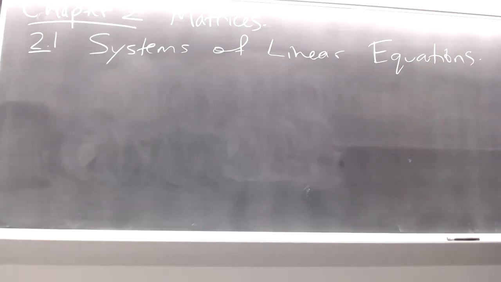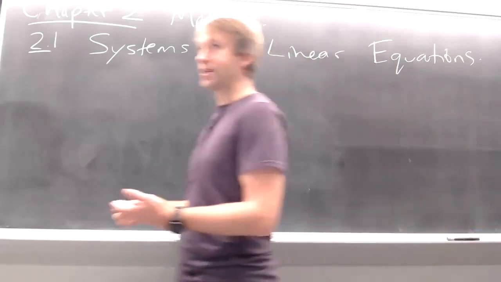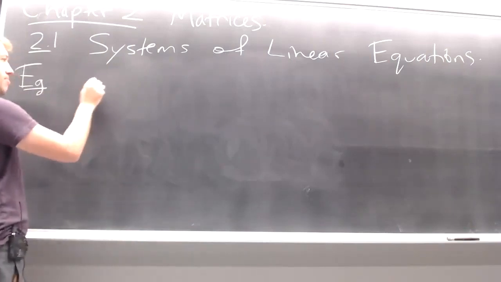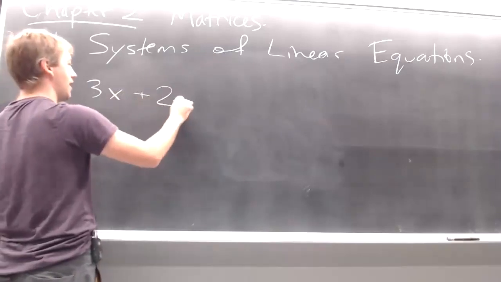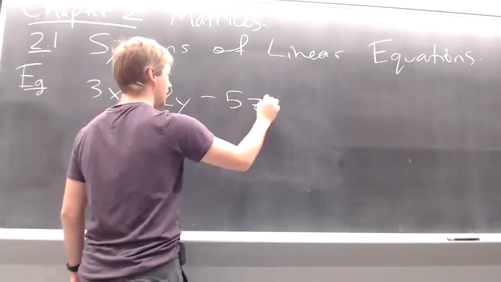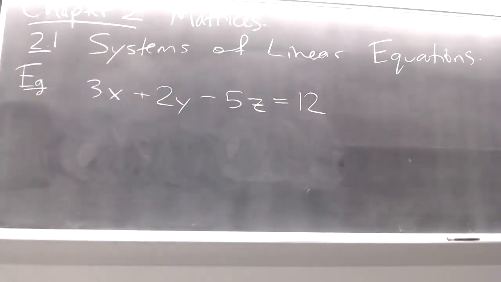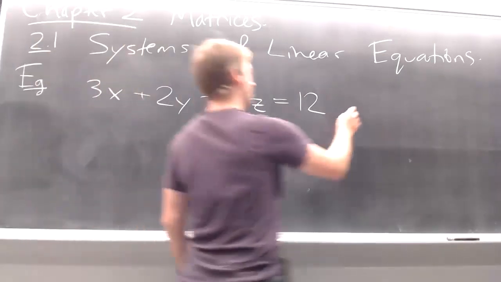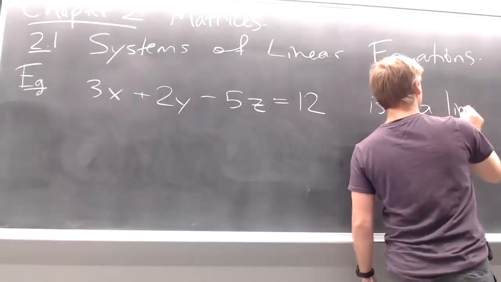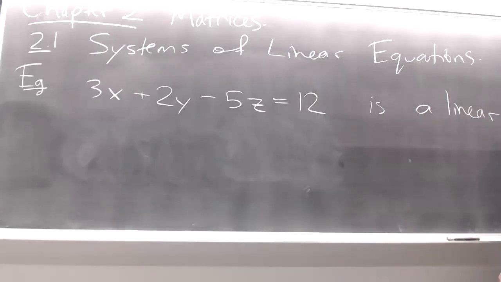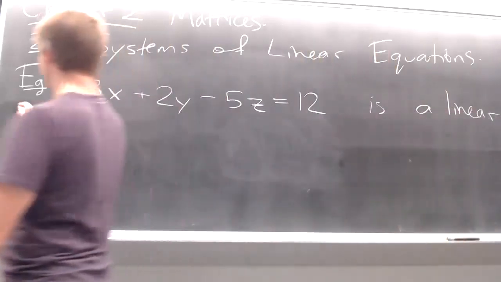Okay, so first of all, let me try to explain what a linear equation is. So, example, if I take, let's say, 3x plus 2y minus 5z equals 12. Okay. So this is an example of a linear equation in 3 variables.